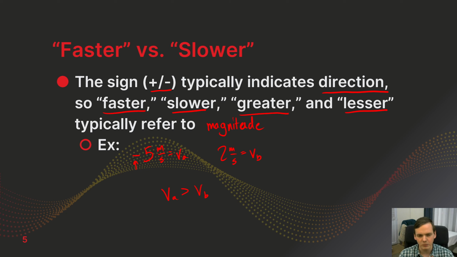In the interpretation, we're really caring about speed. So when we talk about something being faster or slower or larger or smaller in kinematics specifically, we're referring to absolute values or the magnitude. In other words, instead of magnitude, you can also say that it's the absolute value.